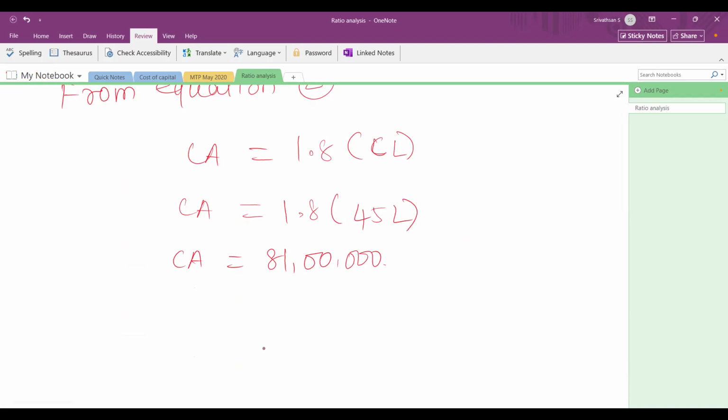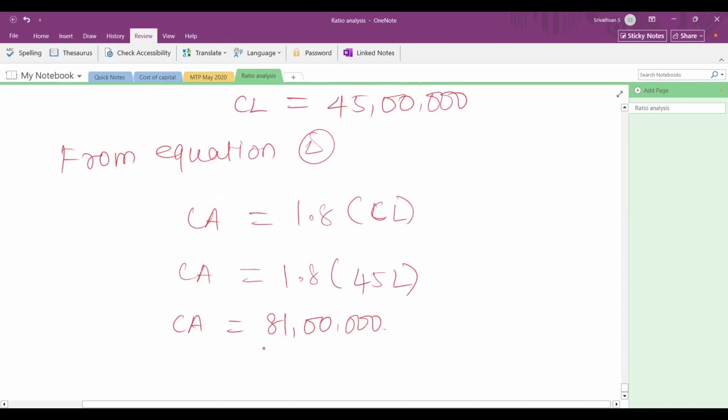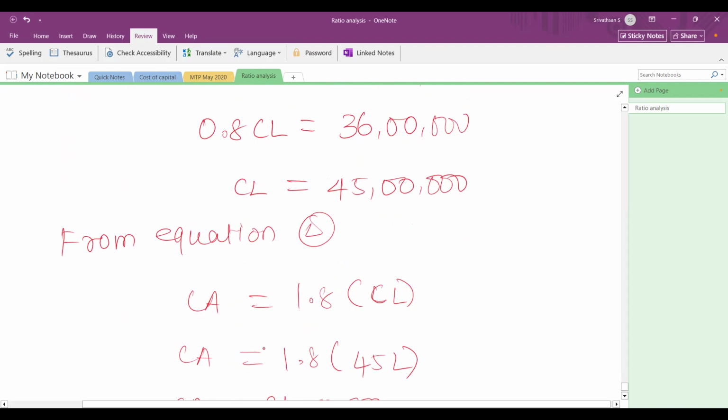Clear? Any doubt? Understood? Copy this down quickly.